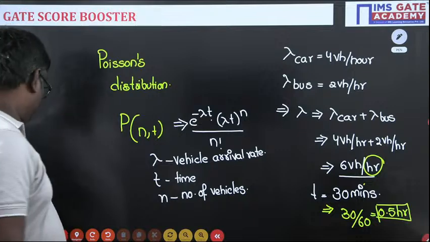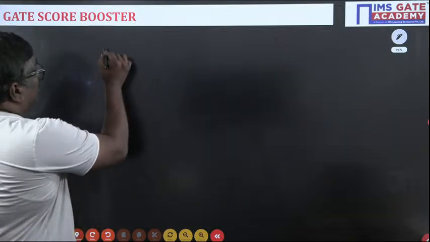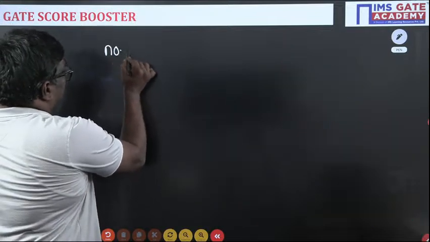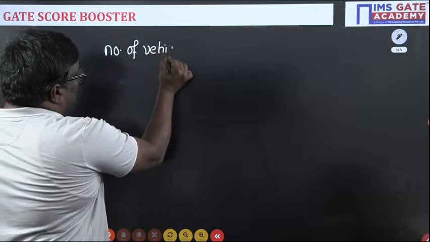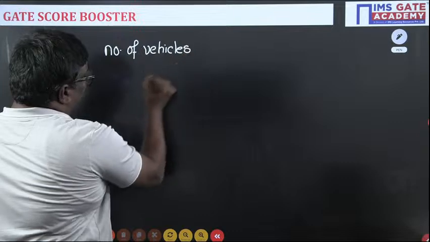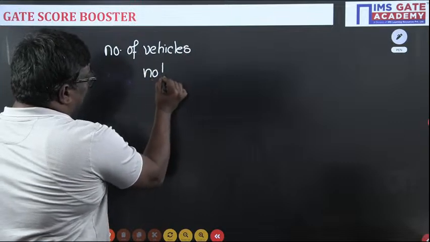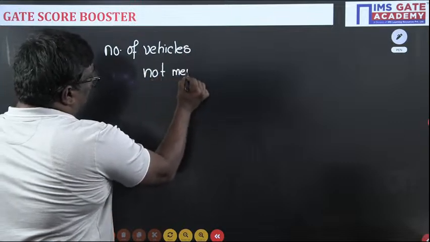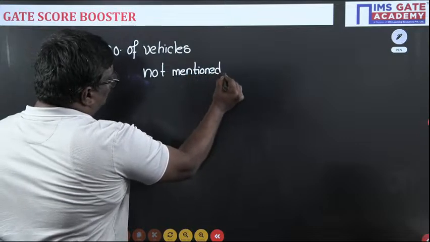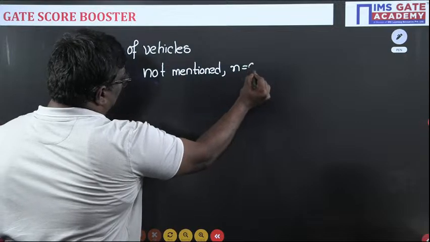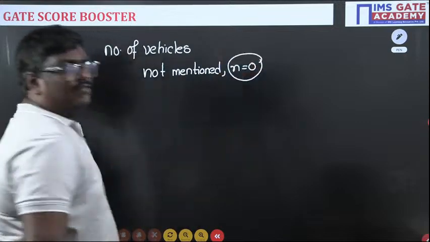Now see, here the number of vehicles is not mentioned. You can write it as a key point: if the number of vehicles is not mentioned in the problem, you have to take the n value as 0, which I have already informed you.